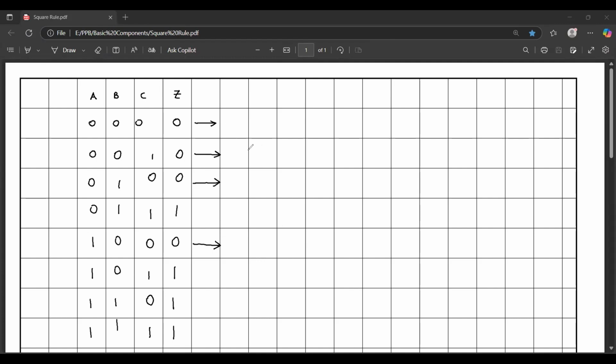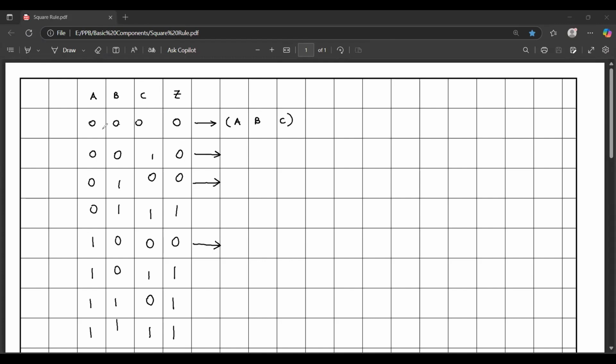When we are working with min terms, we considered 1 as present and 0 as not present. So if we had 0 in min term, we would say not A, and if we had 0 here, that is not B. That's what we did. But in max term, if 0 is there, that means A is present, and then B is also present, C is also present.